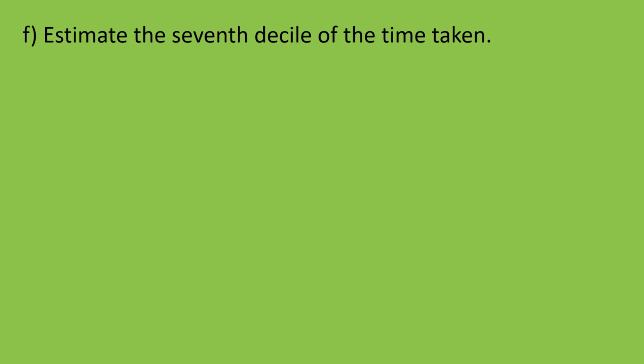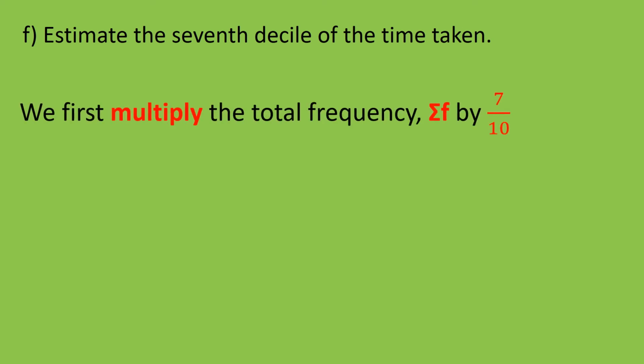Question F. Estimate the 7th decile of the time taken. Decile means a fraction of 10. So 7th decile means 7 over 10. So we multiply the total frequency by 7 over 10. So 7 over 10 times 50 is 35.